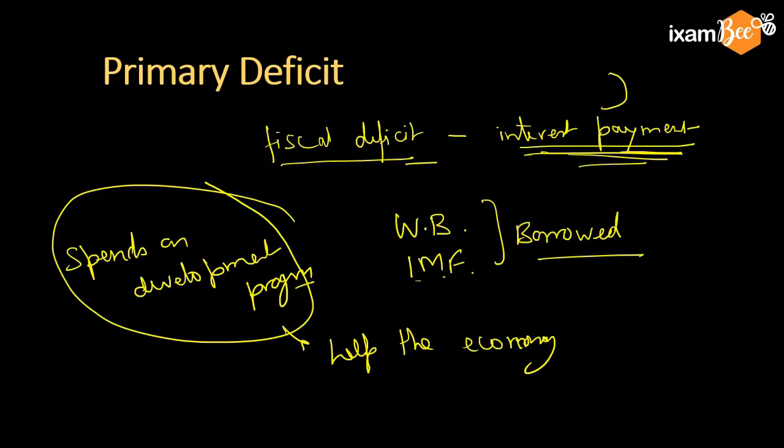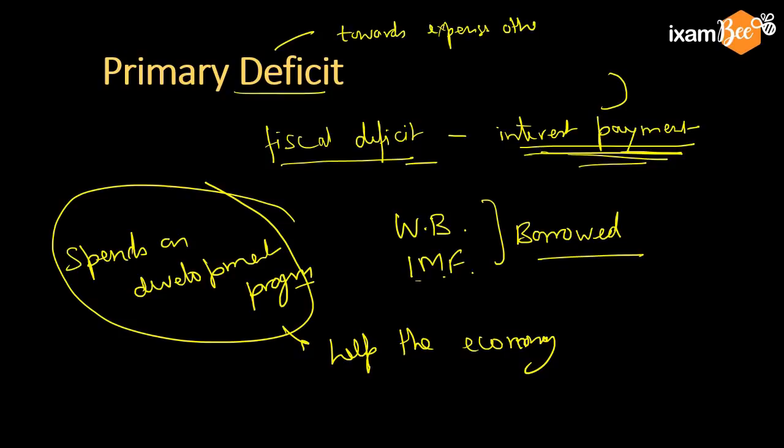So primary deficit is the indicator of government borrowing, or how much of government borrowing goes towards meeting expenses other than interest payment, because it talks about deficit.